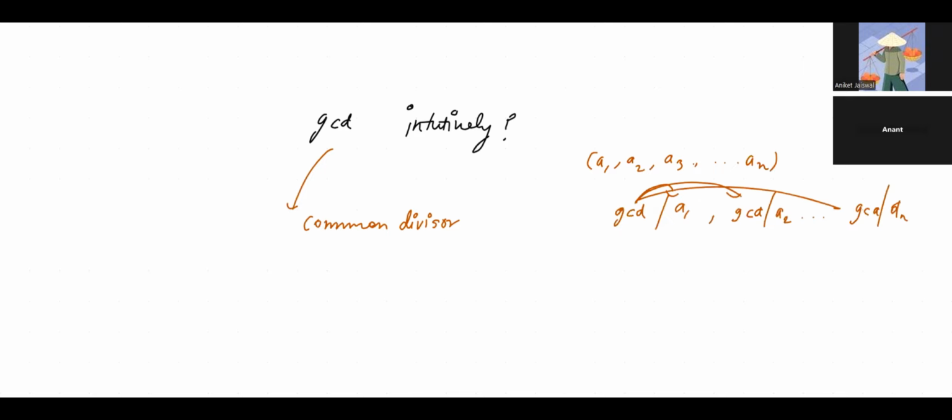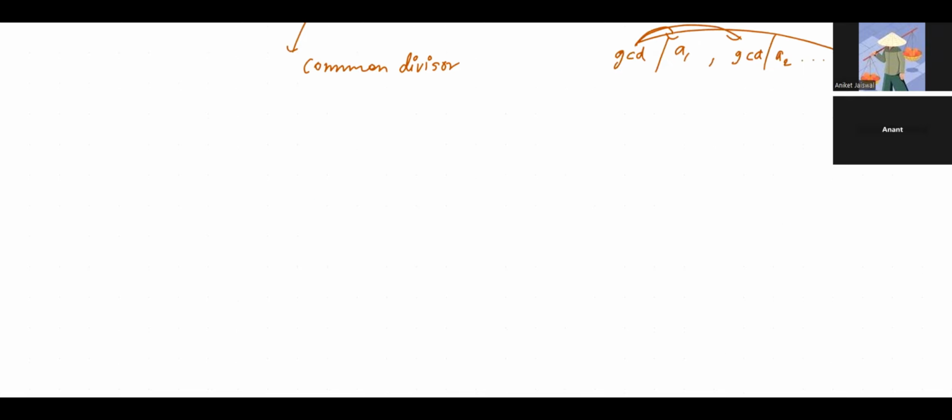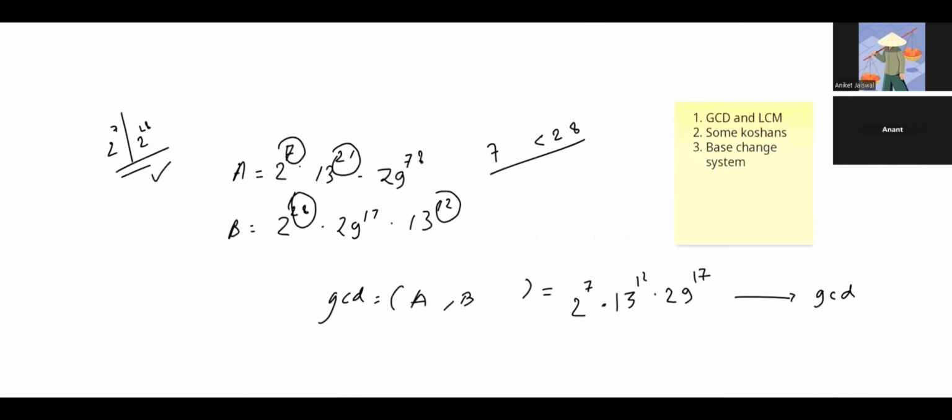Let's go back to the example we have taken. Here we have 2 to the power 7 and 2 to the power 28.